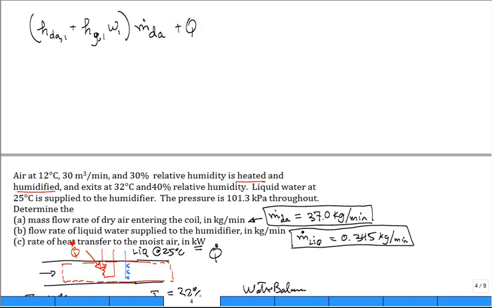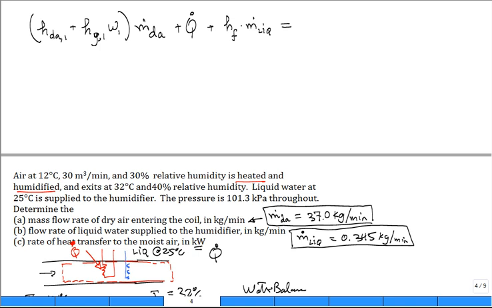Then we have Q dot, what we're asked to calculate. That's an in. Do I have any other ins into this control volume? The liquid. And so we have the H of F, whatever temperature that saturated liquid's coming in, it's coming in at 25 degrees C. Okay. Times the mass flow rate of the liquid coming in. We just calculated that, did we not? So we have that calculated. Those are all the energy flows in with mass as well as with the heat transfer.